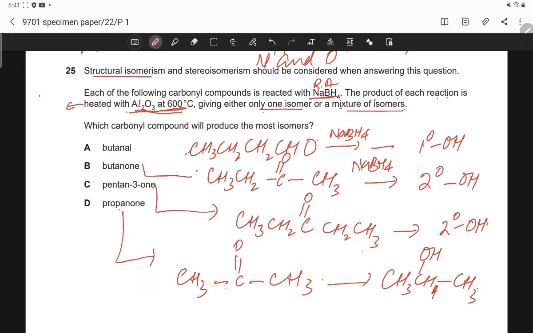This is an elimination reaction, giving either only one isomer or a mixture of isomers.